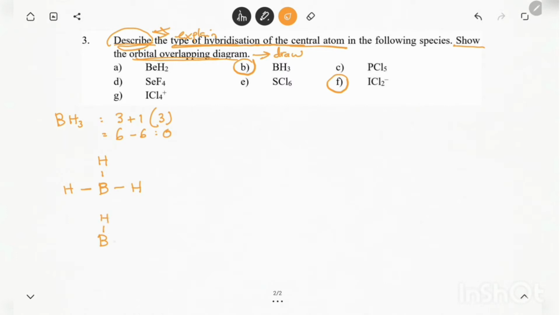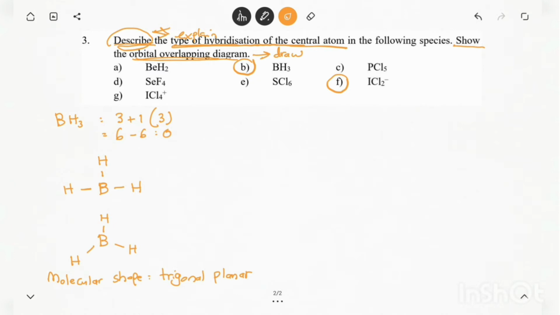So we draw the shape of trigonal planar. To determine the type of hybridization, we focus on the Lewis structure.